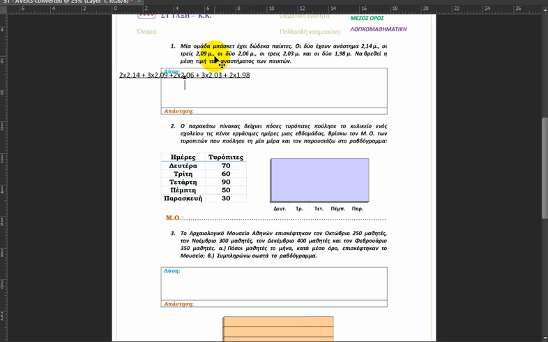And all of this divided by 12 because there are 12 players.